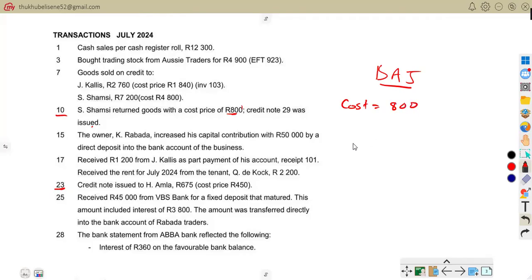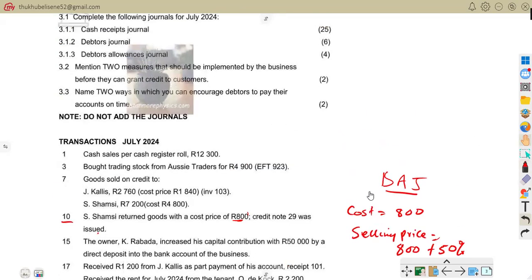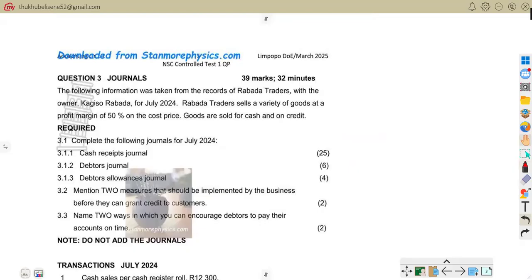Now we don't have the selling price, and we need to have it. To get the selling price, selling price is cost plus markup. Our cost price is 800 and our markup, remember, is 50%. That was given, if I am to remind you.